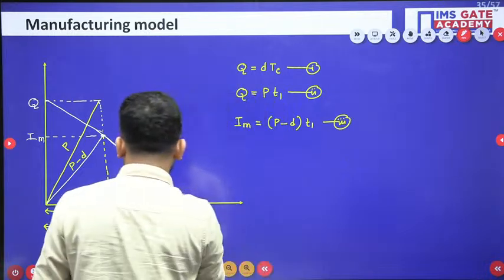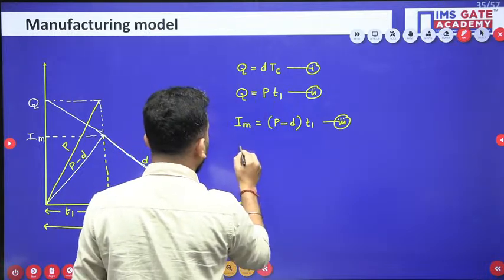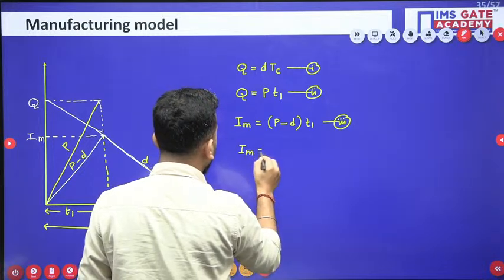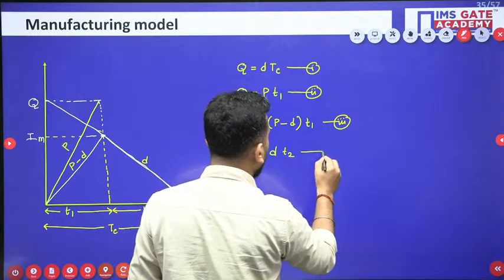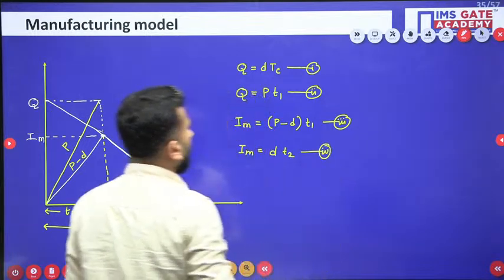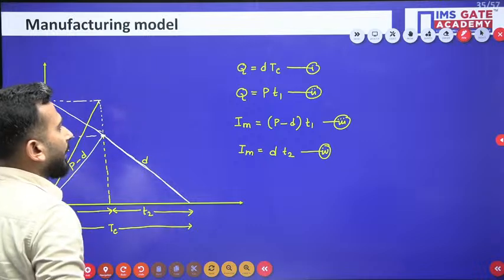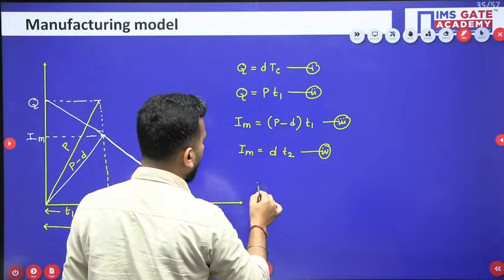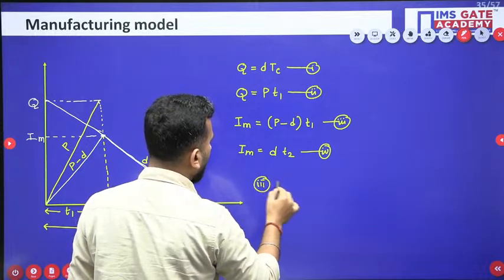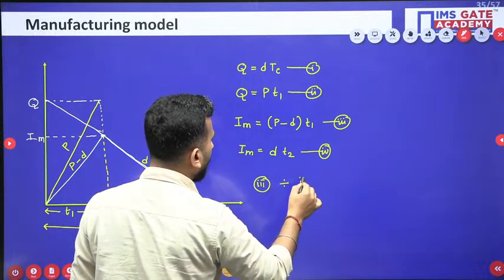And the last triangle is this one. So what is the height? Im, slope is d, and into T2, right? So what I can find from here, let's say if I divide equation 3 by 2, what am I getting?